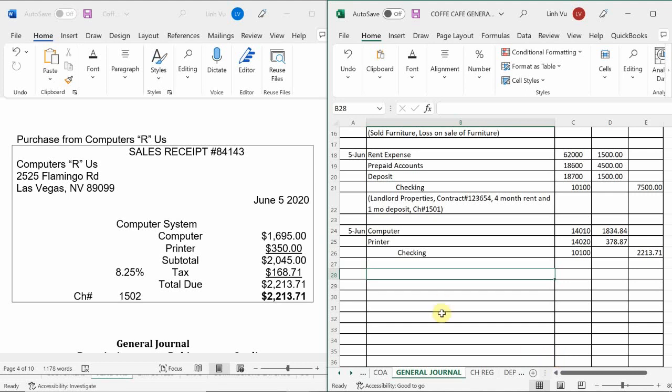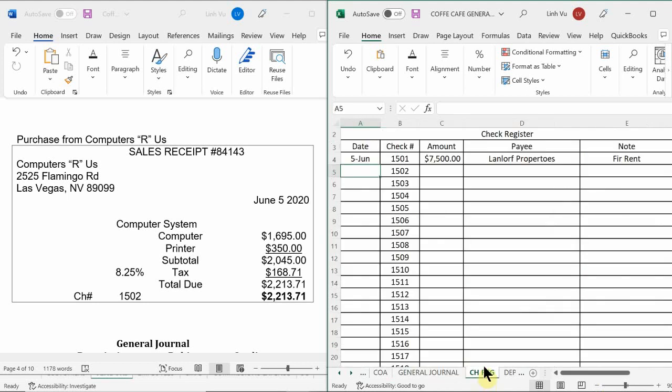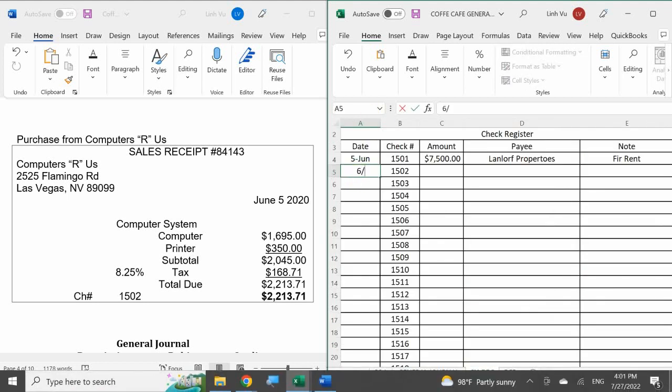So in this case, let me confirm that I wrote check number 1502. Okay, so I'm in my check register. Today is the 5th of June. We wrote a check for $2,213.71. To who? We purchased this, and that means we cut the check out to Computers Are Us. Okay?